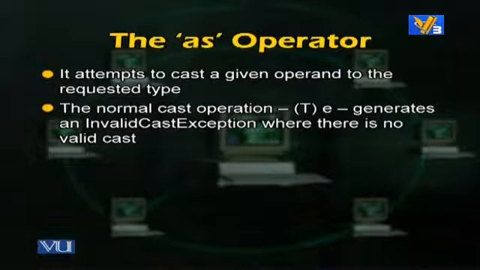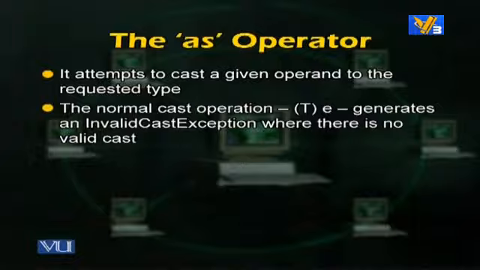For example, if you try to convert a string into an integer, what will happen? It is not convertible. So in that particular case, this exception is thrown. So when something like that happens, obviously it's not good.